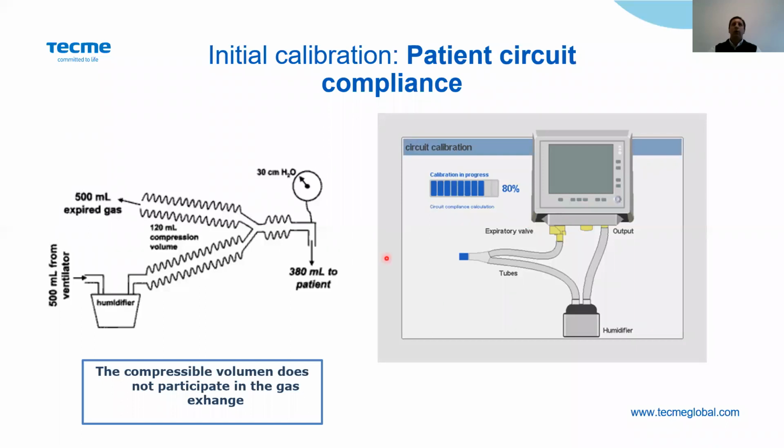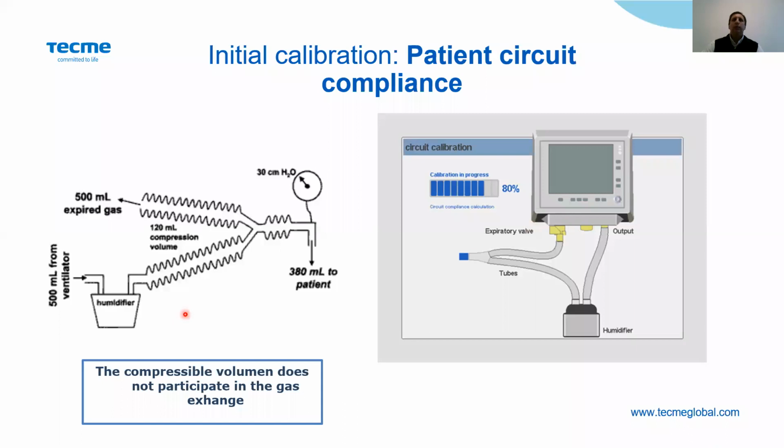In order to avoid a remaining of volume inside the circuit, the machine is going to calculate the compliance and the resistance, and it's going to make a customization according to the patient circuit that you are going to use. So if you are going to use adult, pediatric, or neonate, the machine is going to make the measurement of this patient circuit and is going to compensate.